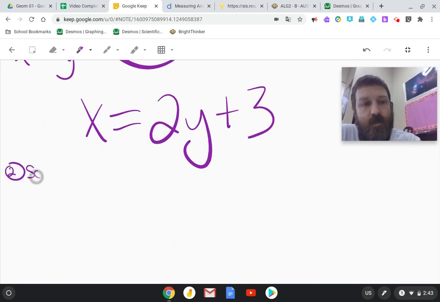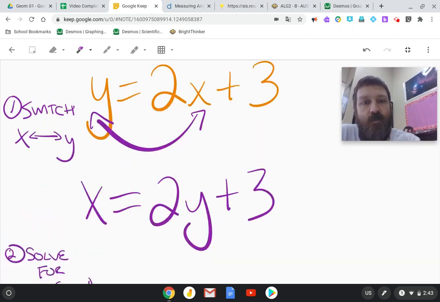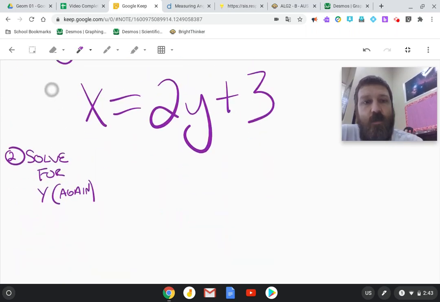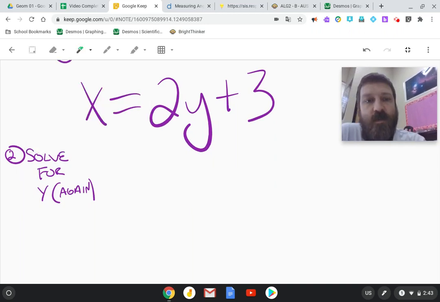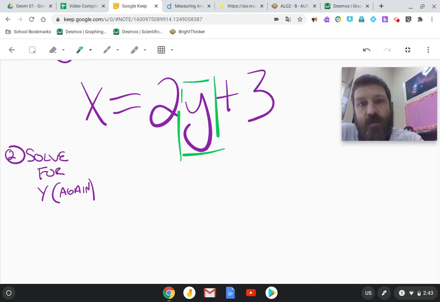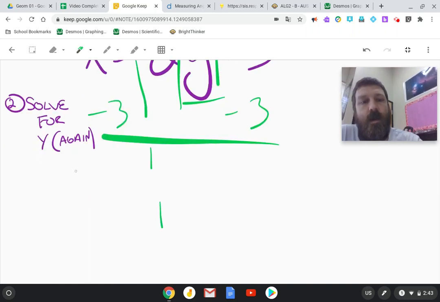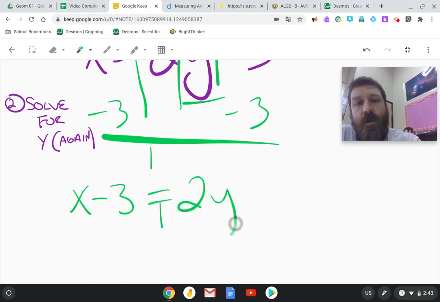The next step, and the last step, is to solve for y again. It already was y equals when we started, but we've switched the x and the y, and now we want it to be y equals again. So we're going to go through the basic algebra process. I want y by itself. So how do I do that? Well, I need to get rid of this 3, so let's subtract 3 from both sides. And I get x minus 3 equals 2y.